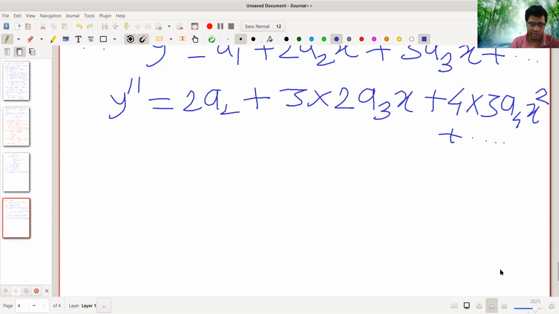This 2 is nothing but 2 into 1. So 3 into 2, 4 into 3, etc.